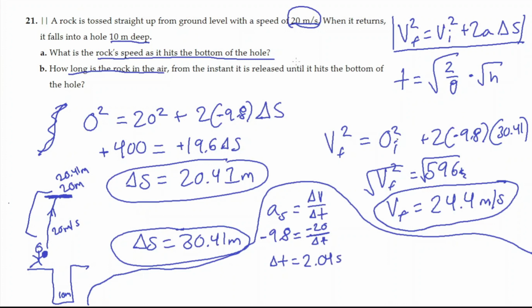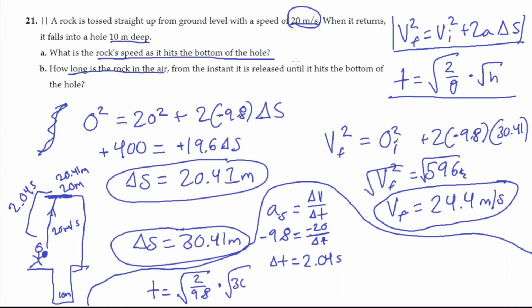So 2.04 seconds in this little diagram is how long the ball was going up in the air. Now we need to find the time it took to fall. To do that, we just use this free fall equation. Time is equal to the square root of 2 over 9.8, times the square root of h, which is our height, 30.41.